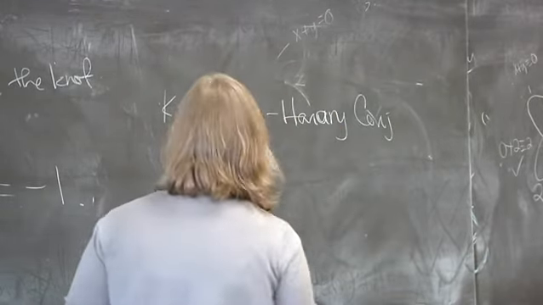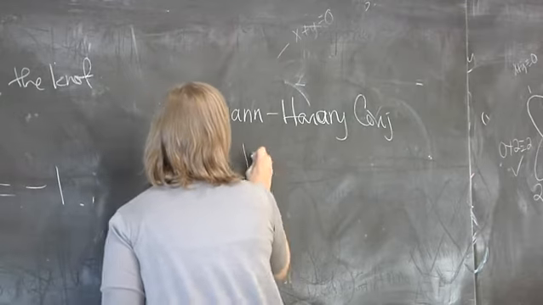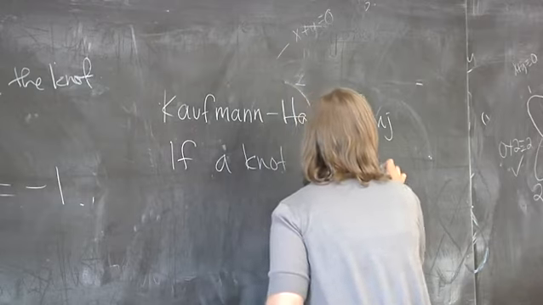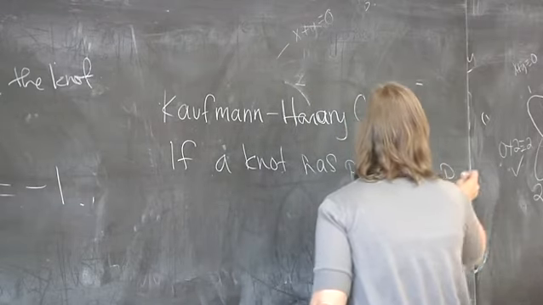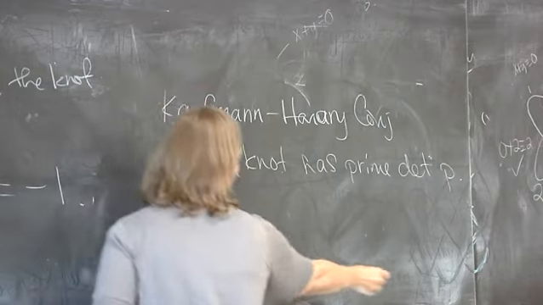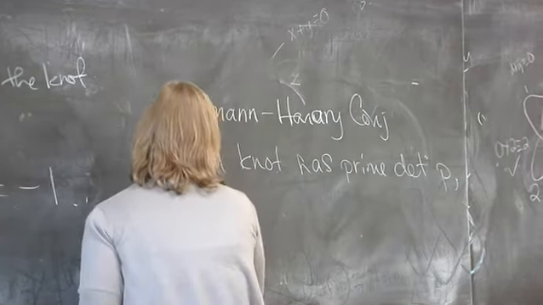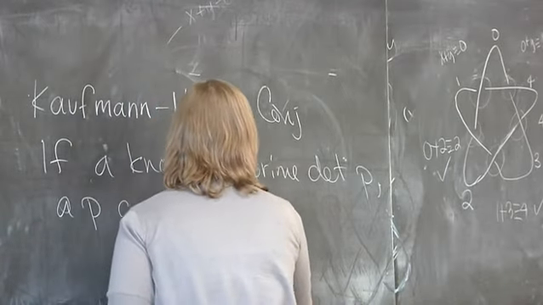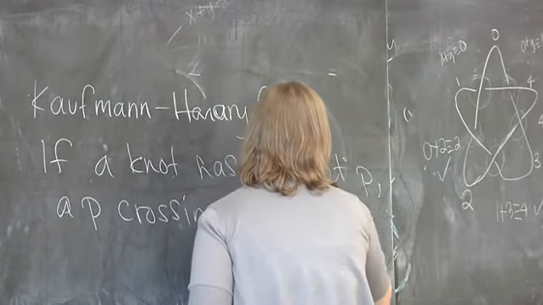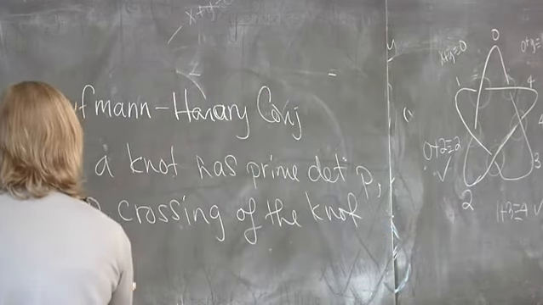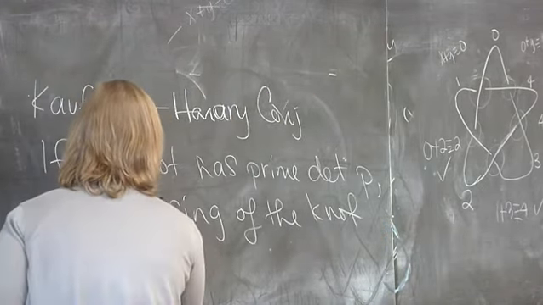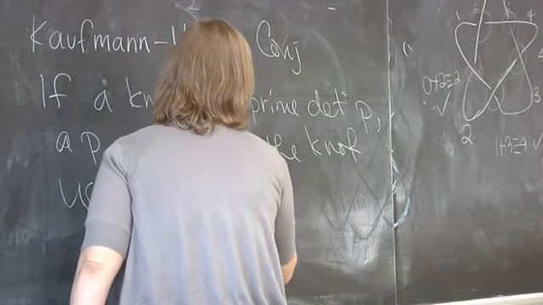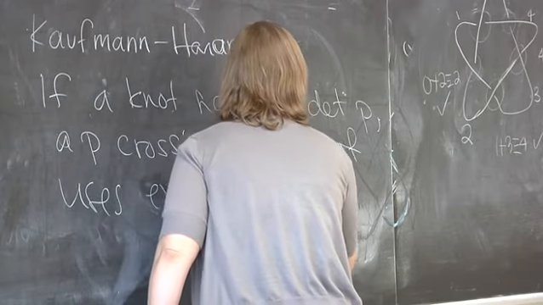But what it says is, if a knot has prime determinant P, a P coloring of the knot uses exactly the number of colors as crossings.